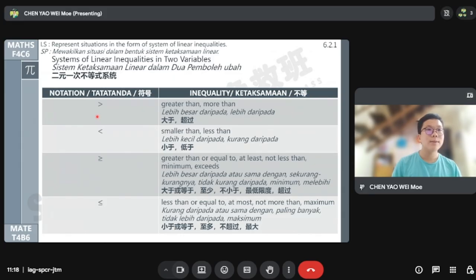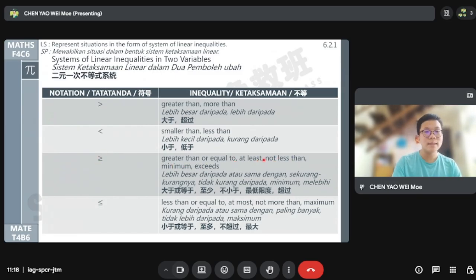When you see the keywords greater than, more than, this is the sign. If it's smaller than or less than, you use this sign. Greater than or equal to, at least, not less than, minimum, exceed, you use this sign.